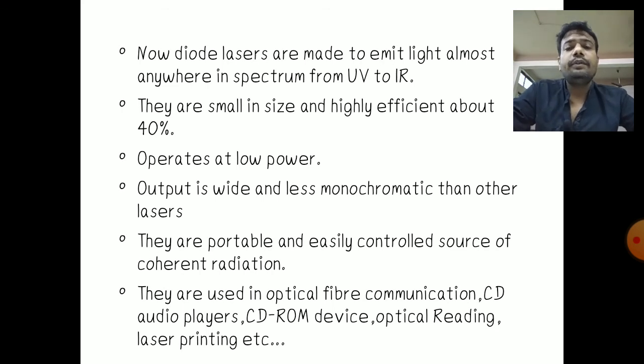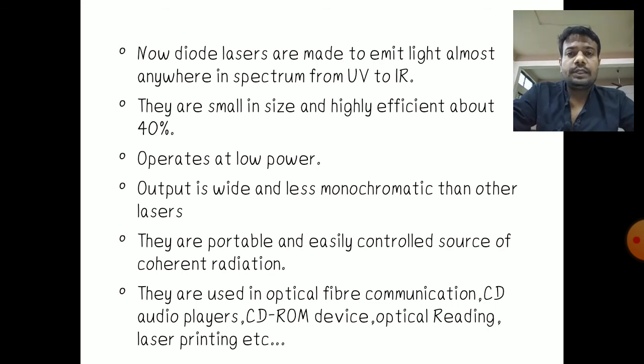In the next video we will see population inversion. As you know, population inversion means there are more atoms in the excited or higher state than in the ground state. Such a process is known as population inversion.